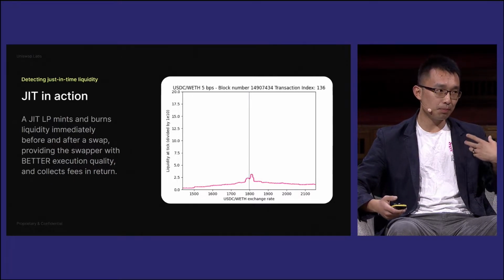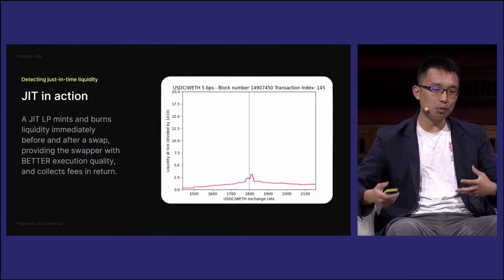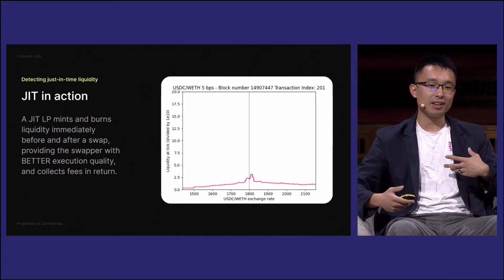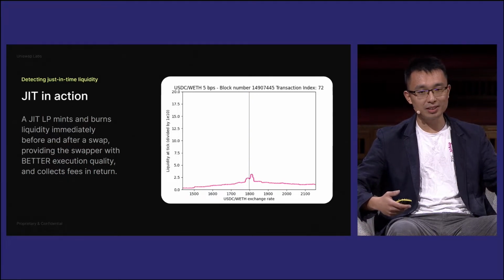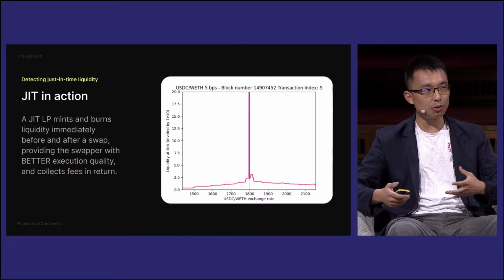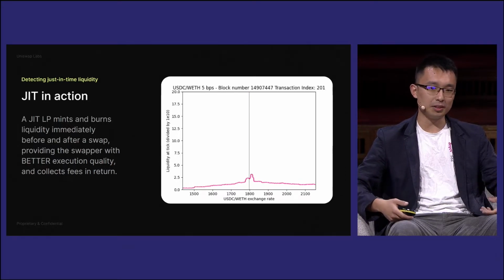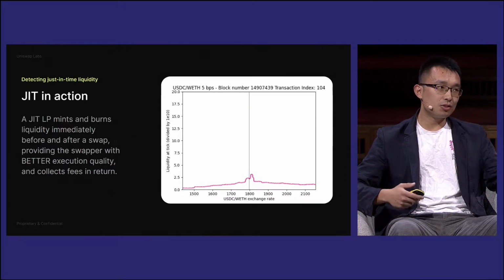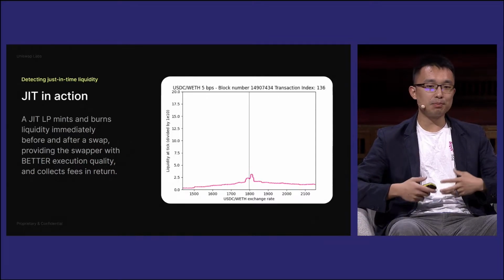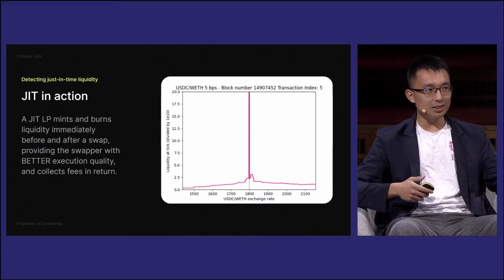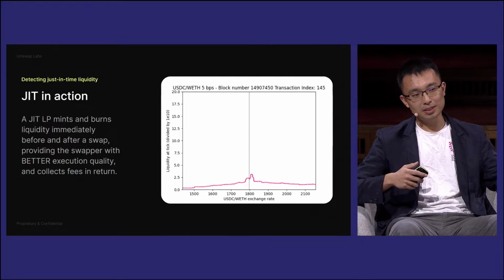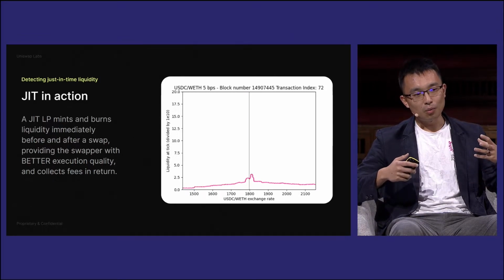Now, traders pay a fee to the pool for using liquidity, and that fee gets distributed pro rata to liquidity providers, proportional to the liquidity they provided during their time as an LP. Now, JIT, or just-in-time liquidity, is basically liquidity that's deposited to specifically service one swap.